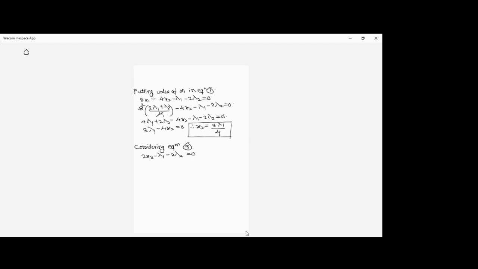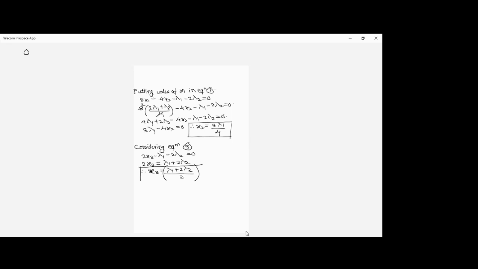Now this equation has x3 and the variables lambda 1 and lambda 2. So I can directly find the value of x3 in terms of lambda 1 and lambda 2. It will be lambda 1 plus 2 lambda 2, and therefore x3 is equal to lambda 1 plus 2 lambda 2 divided by 2, right?